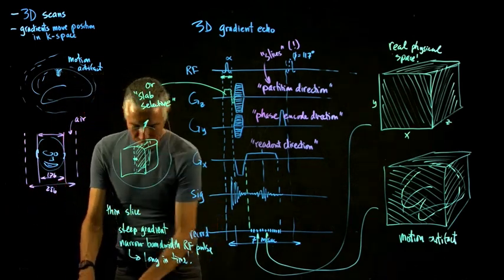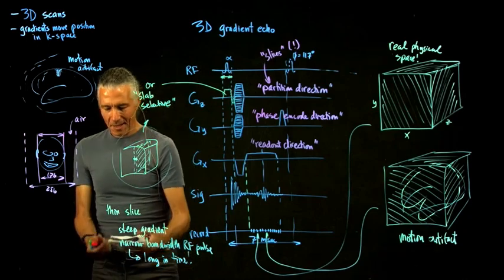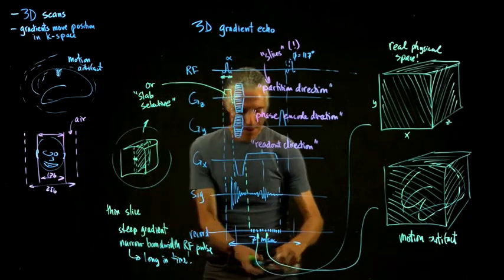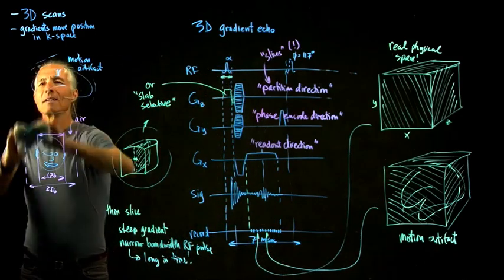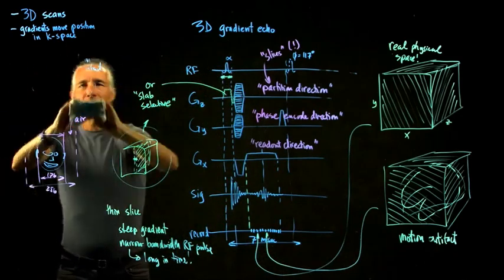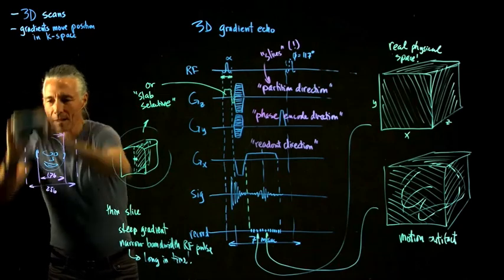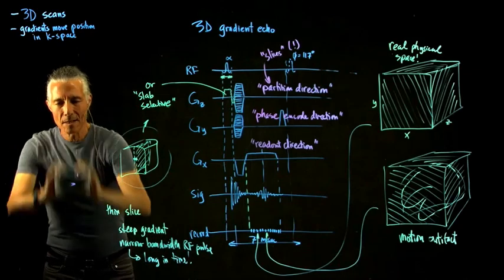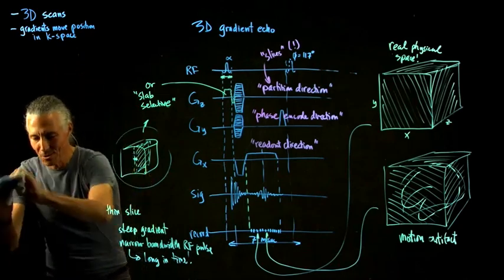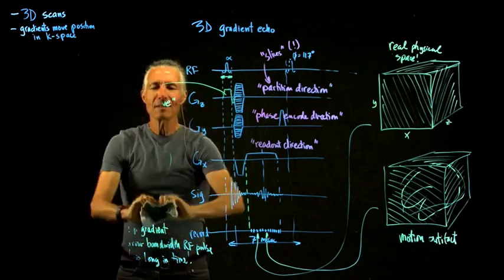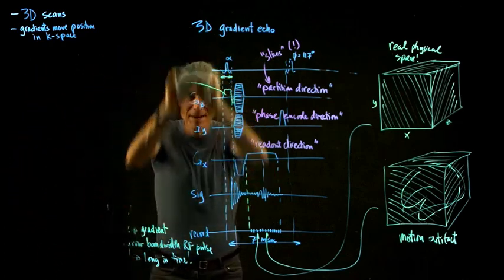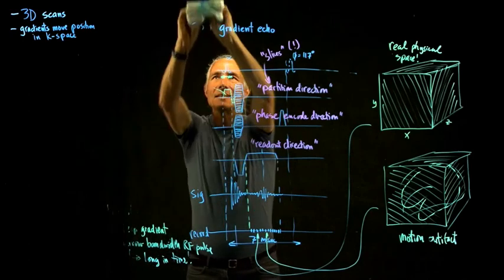Okay, so let's talk now, backing off to a slightly more abstract picture, about what gradients do. Well, it's not just gradients. What do RF and gradients do in K-space?